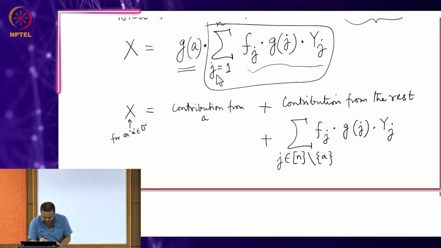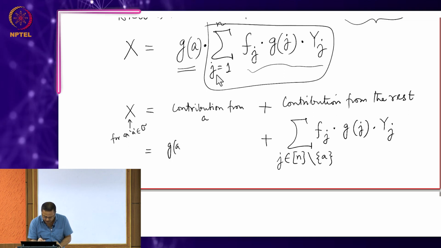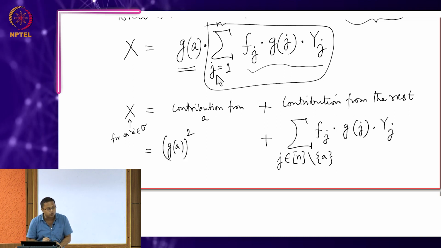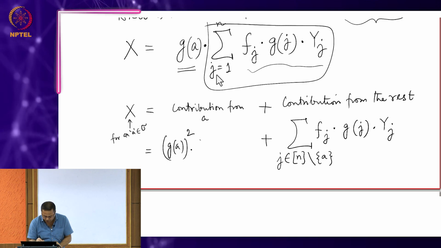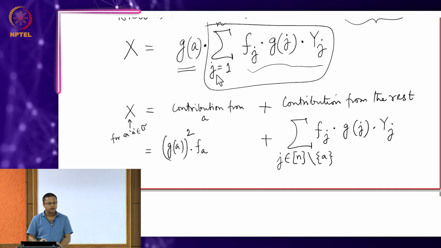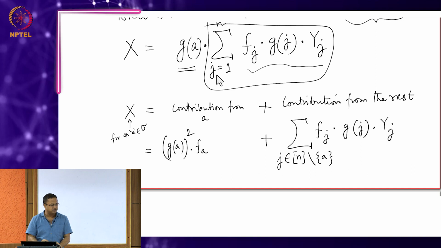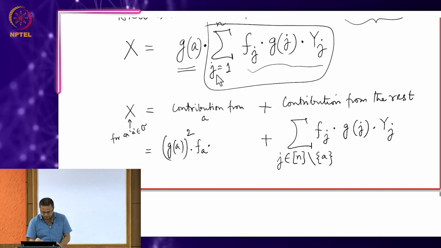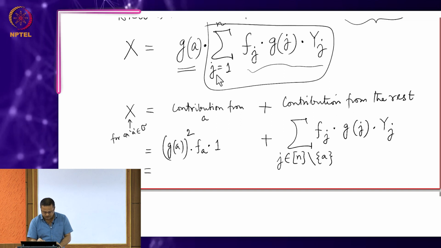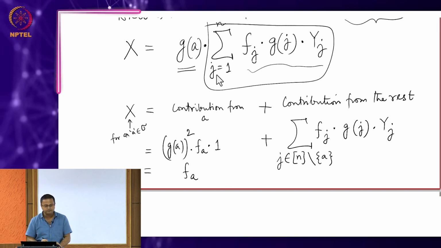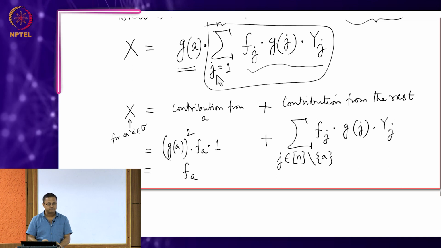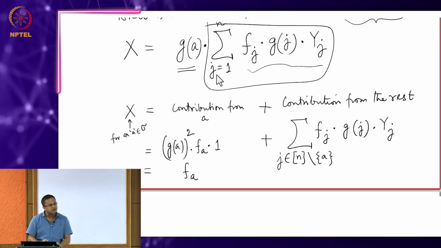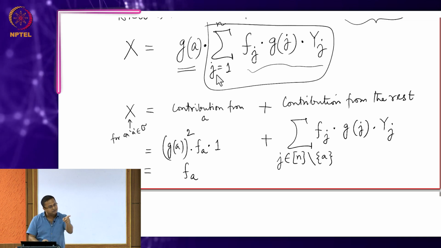The fun is actually there. So, this quantity is gA square into fA, right, because now j is equal to a and yj is 1. So, this is nothing but fA. That was the reason I multiplied it with g.